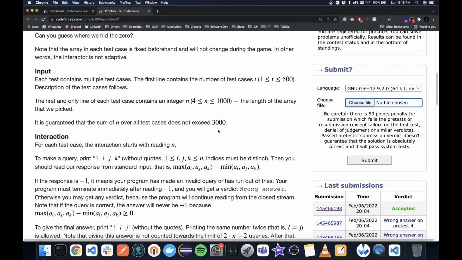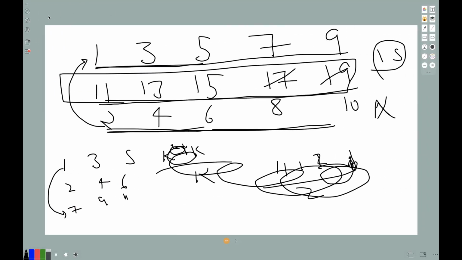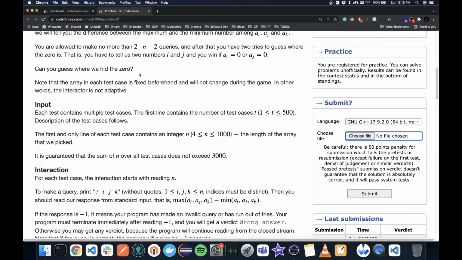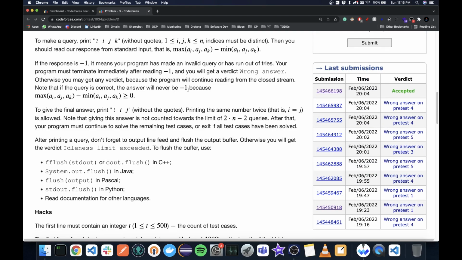Okay, now final problem D. Did I FST? No, I did not. Good. So in this problem, we are given an array. We are not actually given an array, but there exists an array where only one element is 0 and all others are non-zero. And we can do some sort of query. This is an interactive problem, by the way. What interactive problem means in a nutshell is that input is given only when we output something.